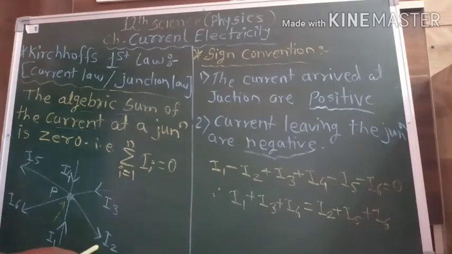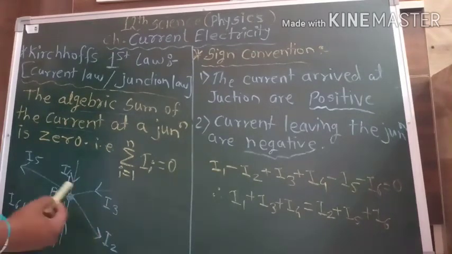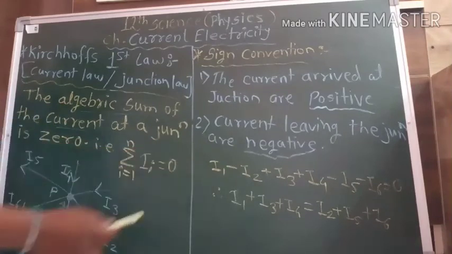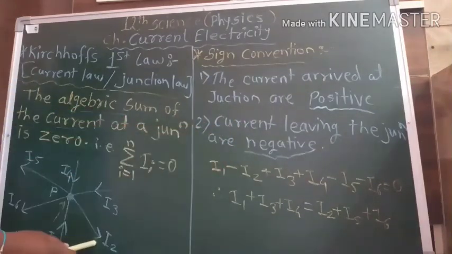Then the second current I2 is directed away from the junction, therefore by the second sign convention, the current leaving the junction is negative.